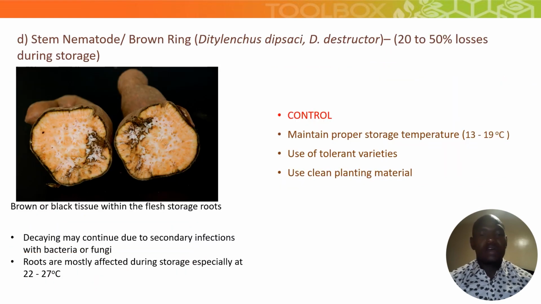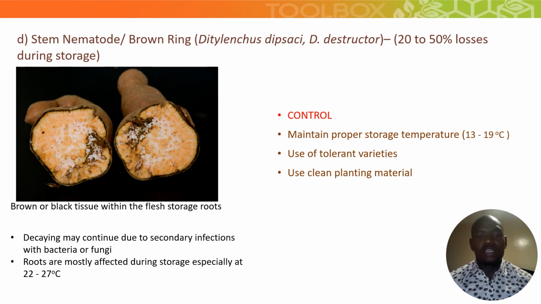Lastly, we have the stem nematode or brownring. This causes 20 to 50% losses, but it's during storage. This does not occur in the field. So it sets in during storage and leads to browning or black tissue forming within the flesh of the storage roots.